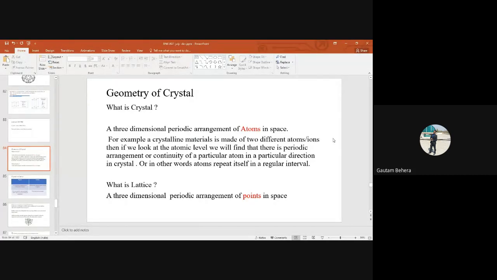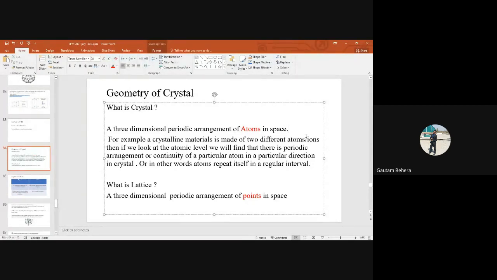Basically, if you remember, in crystalline materials, as I have told, there is a periodic arrangement of atoms in 3 dimensions. So crystal can be defined like this: it is a 3-dimensional periodic arrangement of atoms in space. So it should be 3-dimensional, and the atomic arrangement should be periodic, right?